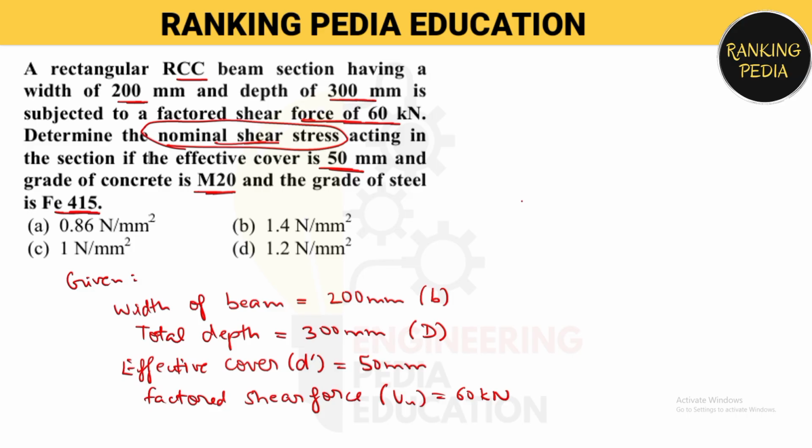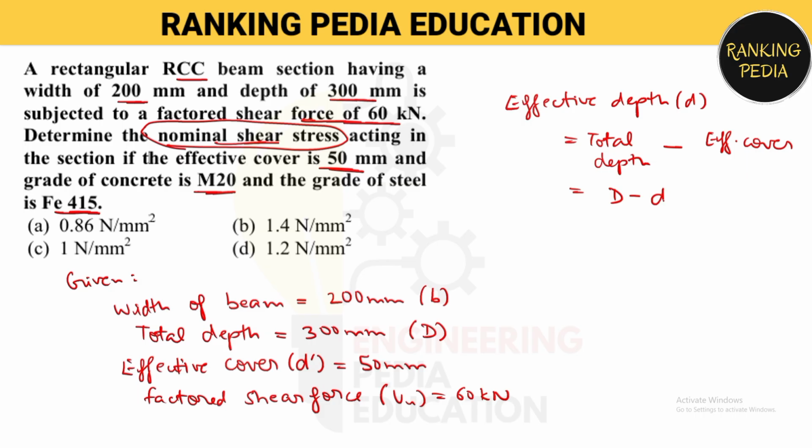Calculate the effective depth first. How will we calculate it? Effective depth d is total depth minus effective cover, which is capital D minus d dash.